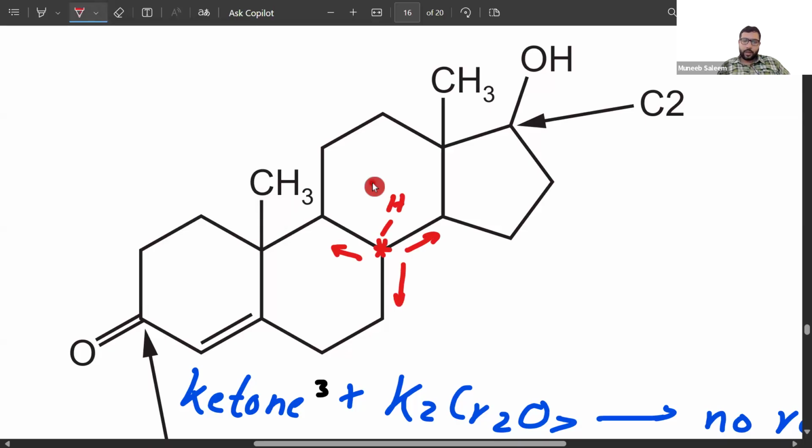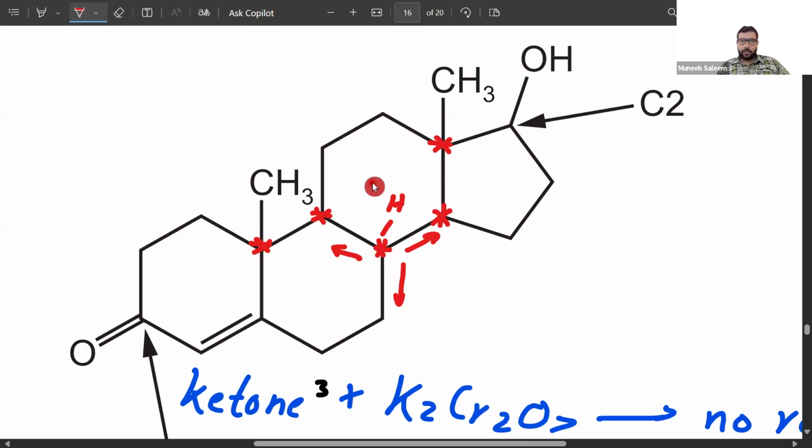So that's why it's a chiral carbon. Now this is also a chiral carbon attached with 4 different groups, including one hydrogen atom. This is also a chiral carbon attached with 4 different groups. And then this one, chiral carbon. This is also a chiral carbon.